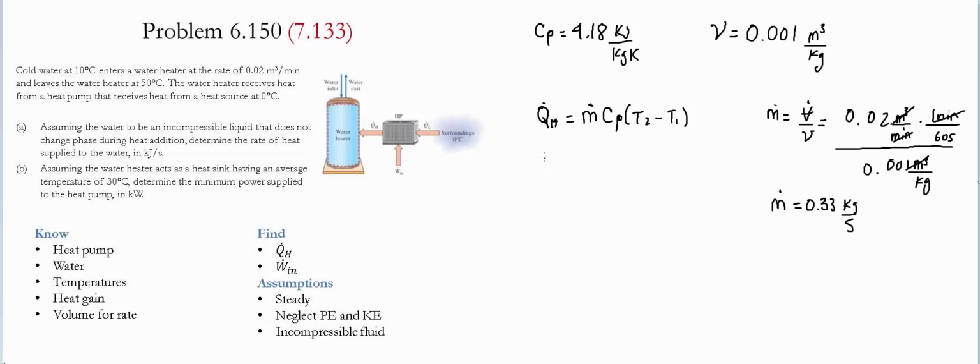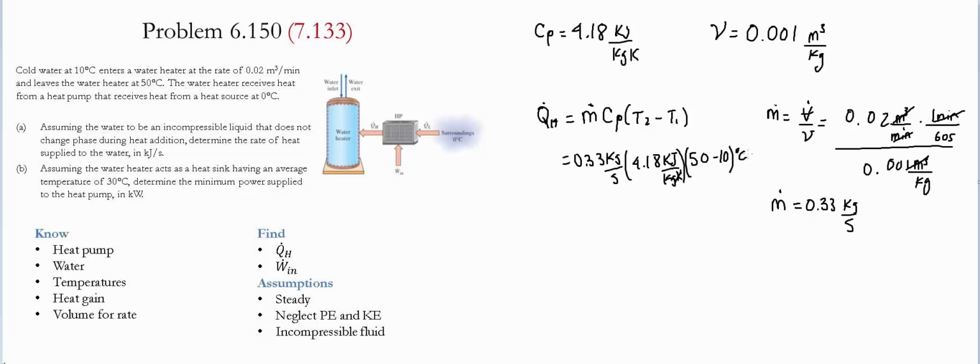We substitute into this equation. We have 0.33 kilograms per second, the value that we have for CP is 4.18 kilojoules per kilogram Kelvin, and the change of temperatures, we go from 50 Celsius to 10 Celsius.